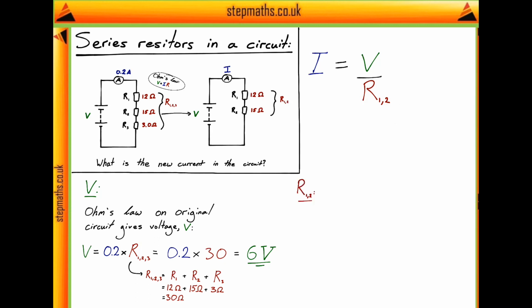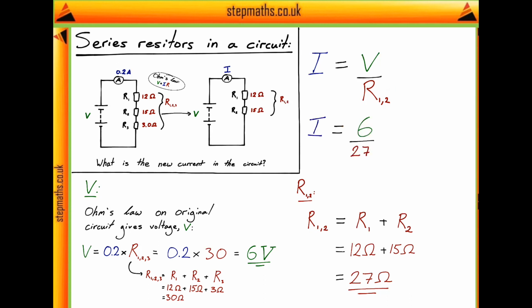Since this circuit is just made up of the two resistors in series, we can do just as we did previously and add together the two resistances, R1 and R2, giving us a final answer of 27 ohms. So, if we substitute our value of 6 volts and 27 ohms back into our original equation, we find that the current is equal to 6 over 27, which simplifies to 2 over 9.